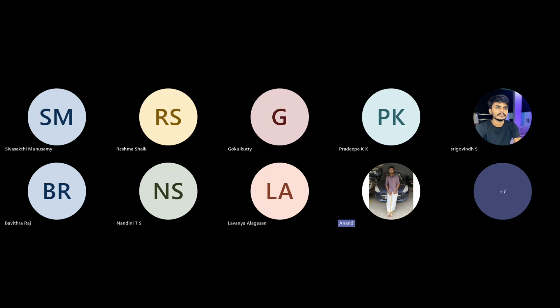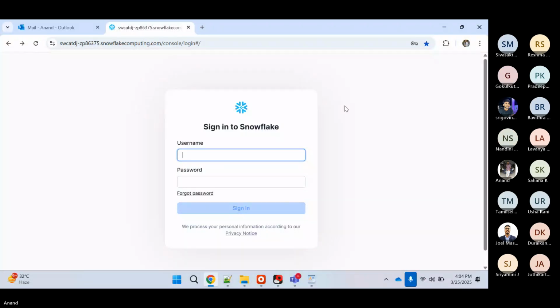I will share my screen to show how we can use Snowflake and how we can connect to it using the Snowflake connector. Can you see my screen? Yes, it is visible.